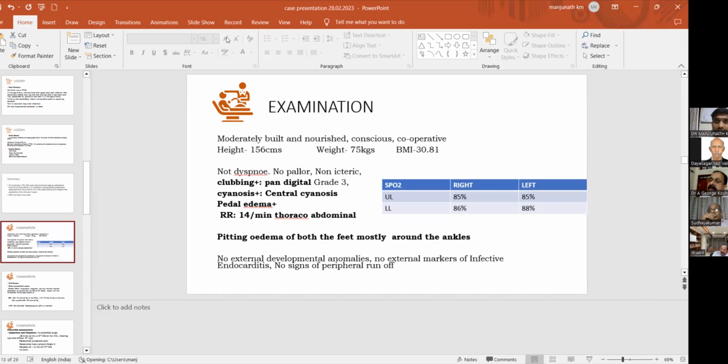Is she a very fair person? Sir, she is a dark complexioned lady. Then all the more difficult. With 85, having very deep central cyanosis is not really good. They don't go together. But pan-distal clubbing grade 3, probably yes.